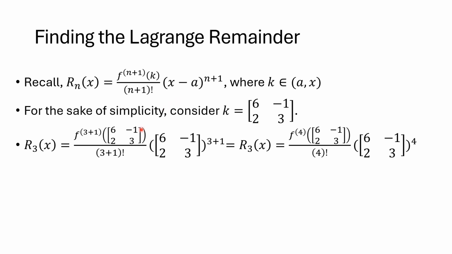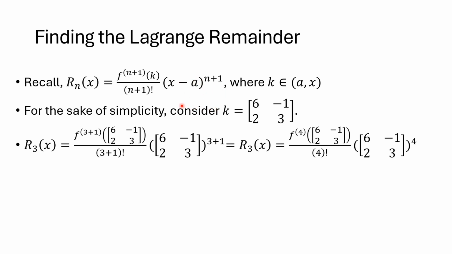Now, once we do that, we can use the formula, and since we use a Taylor polynomial expansion for 3 terms, we just replace n with 3, and we replace the value of k with this matrix right here, and we replace a with 0.